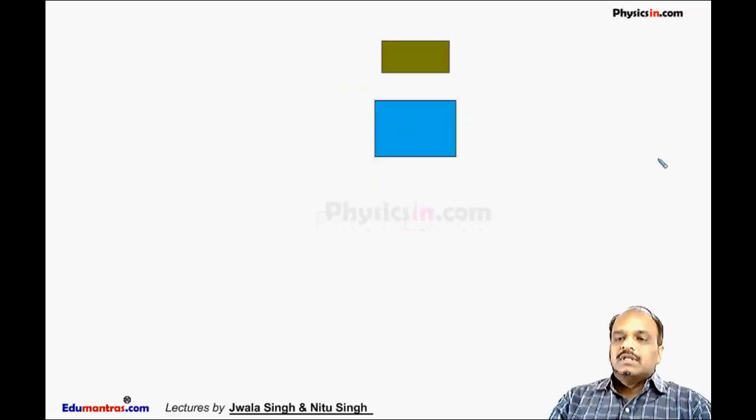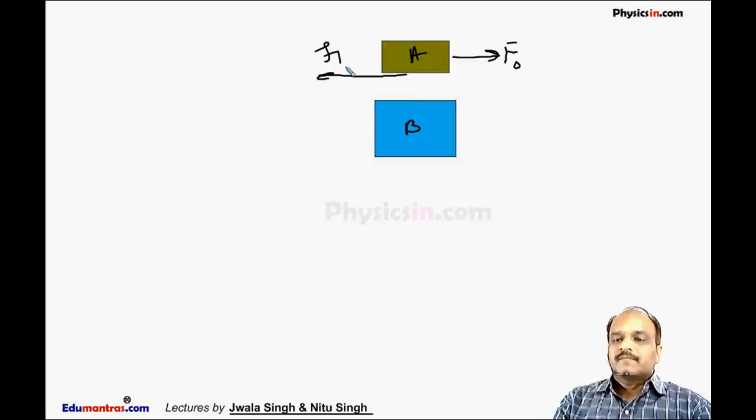So let the maximum force F0 be applied here such that these two blocks A and B can move together. Here the friction is F1, and here the friction is F1. The masses of the blocks are 5 kg and 10 kg respectively. So it is N1 and this is N2.